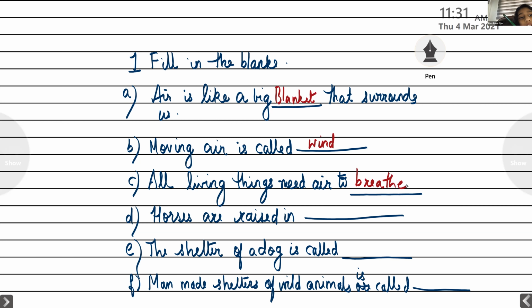Horses are raised in a table. The shelter of a dog is called kennel. Okay, and man-made shelters of wild animals. Zoo. Okay, very good, very good.